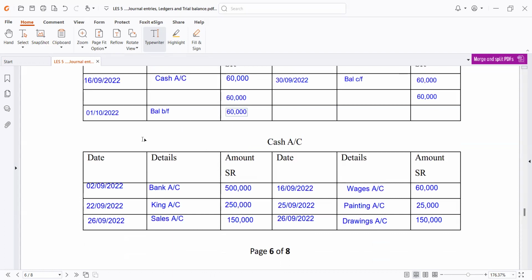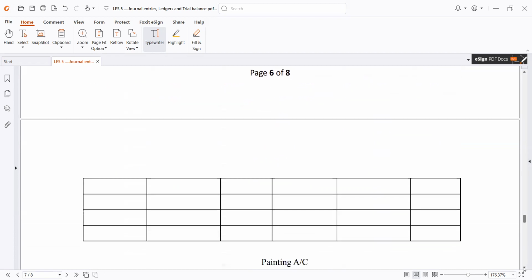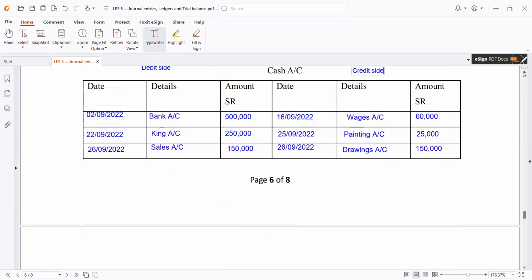So let's close down the cash account. So cash account again here, this one is our debit side. And this one is our credit side. So for cash account, there's a lot of activities. So we look at the side that has a lot. So clearly we see on this side, 500 plus 250.